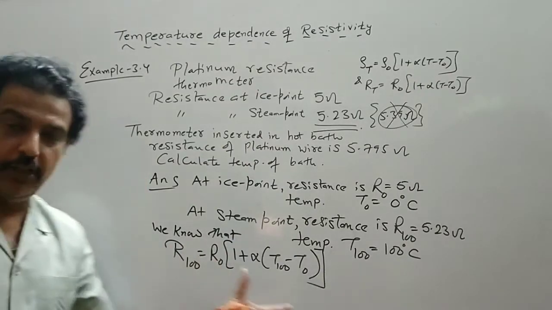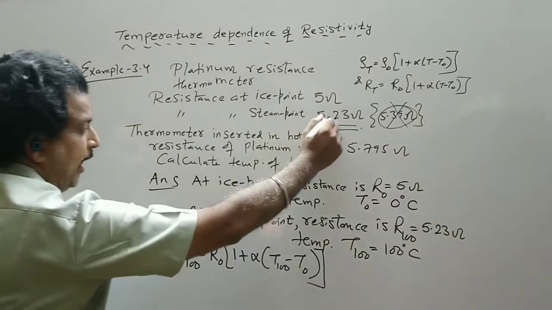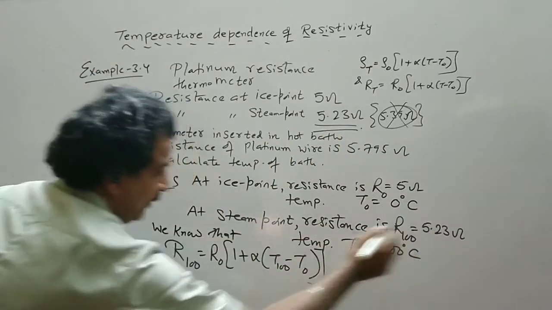So this calculation will be left as an exercise, but R100, I can write R100 to be 5.23.